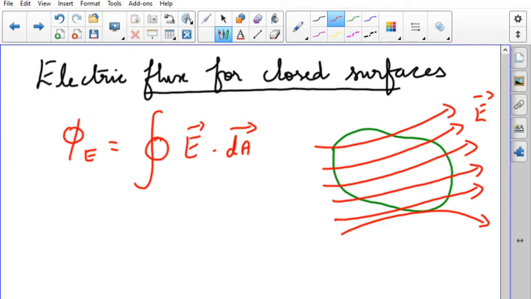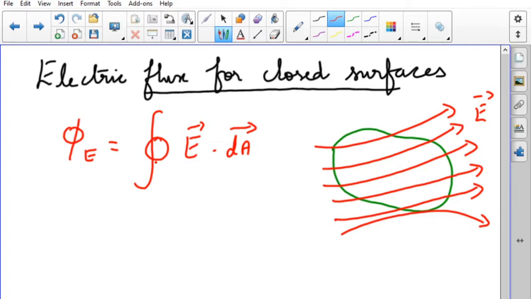The difference between the previous equation and this equation is that here the integration is done over a closed surface, and for each area element the outward normal is the direction of dA.